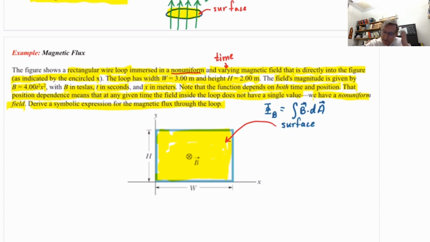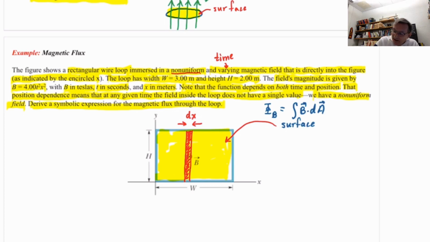So the little area element I want to pick is a rectangle that runs along the y direction, the whole length, but is infinitesimally narrow along x. That's one of my little area elements. Okay? And it will have a width this way that is infinitesimal, dx, and a length crosswise of h.